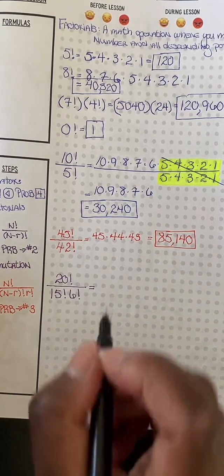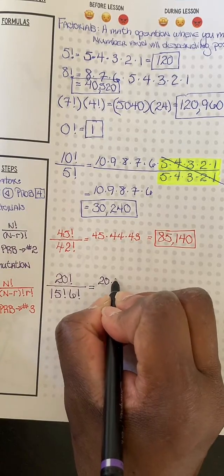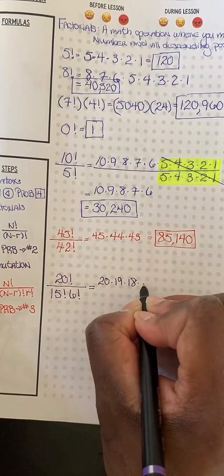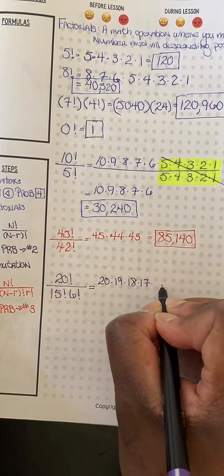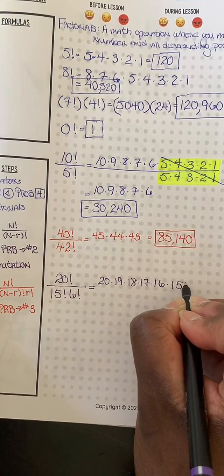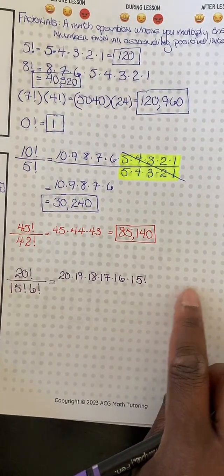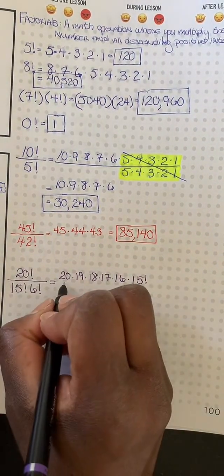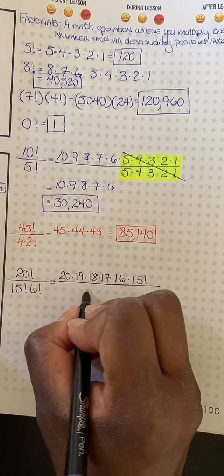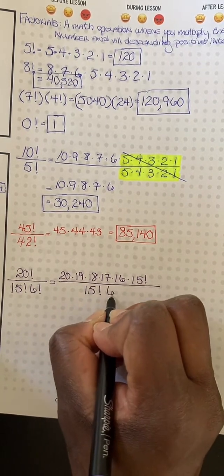So if I wanted to, I can say my 20 times my 19 times my 18, 17, 16, and then have 15 factorial, because I know from here it's going to be 15, 14, 13, 12, blah, blah, blah, right? Over my 15 factorial times 6 factorial.